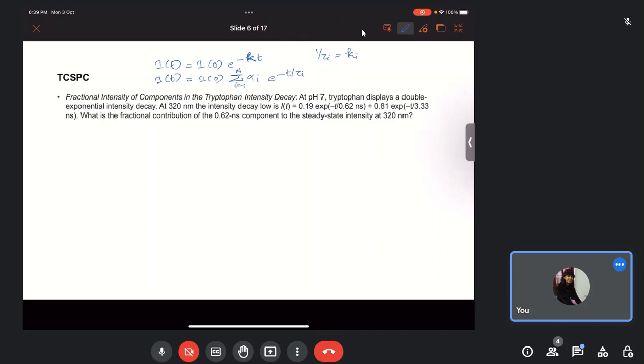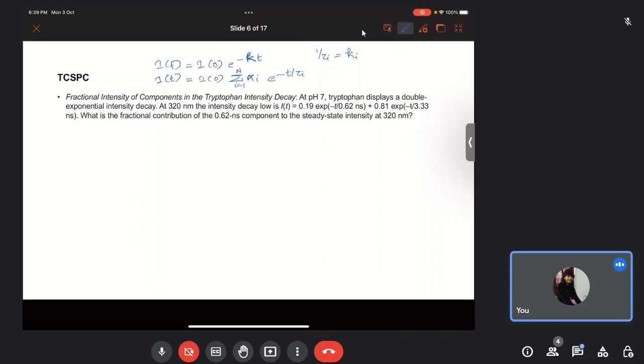You can see that there is a pre-exponential factor alpha i, which depends upon how much the molecule is contributing towards the fluorescence intensity. It depends upon the concentration and the fluorescence quantum yield.